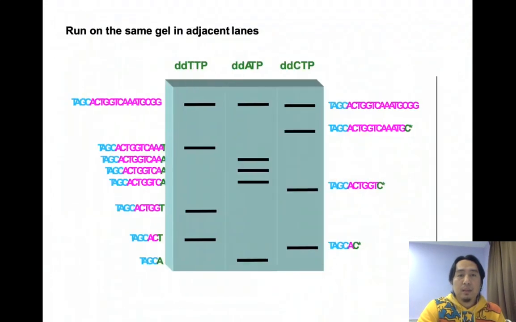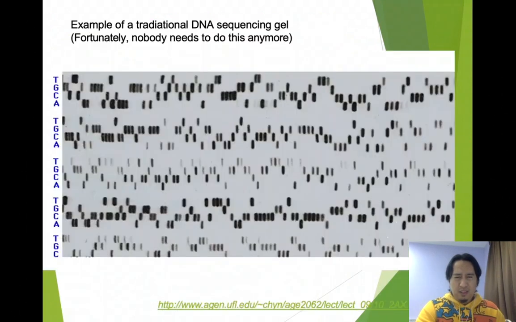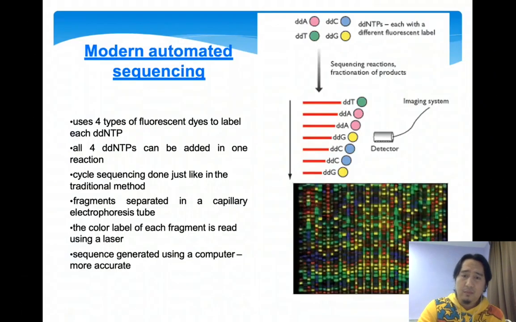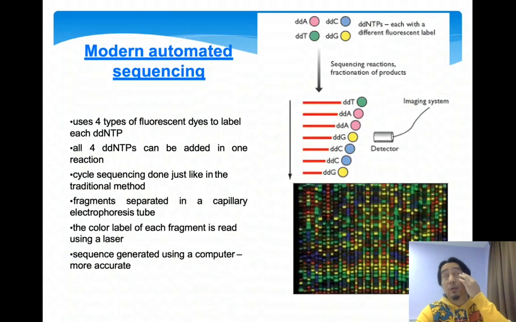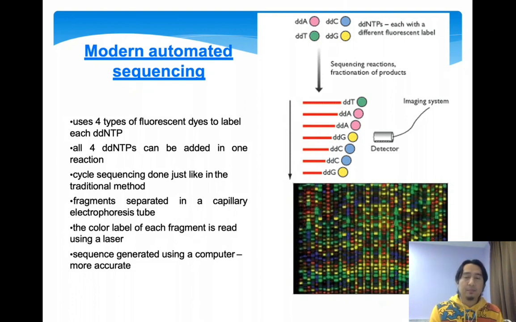And nowadays, mostly in the lab, if you want to do sequencing or check the DNA sequencing of your recombinants, we mainly use modern automatic sequencing, where everything is already automated in one machine. So we just basically put your DNA sequence along with the ingredients, the dNTP, so on and so forth, and you put it in the machine.